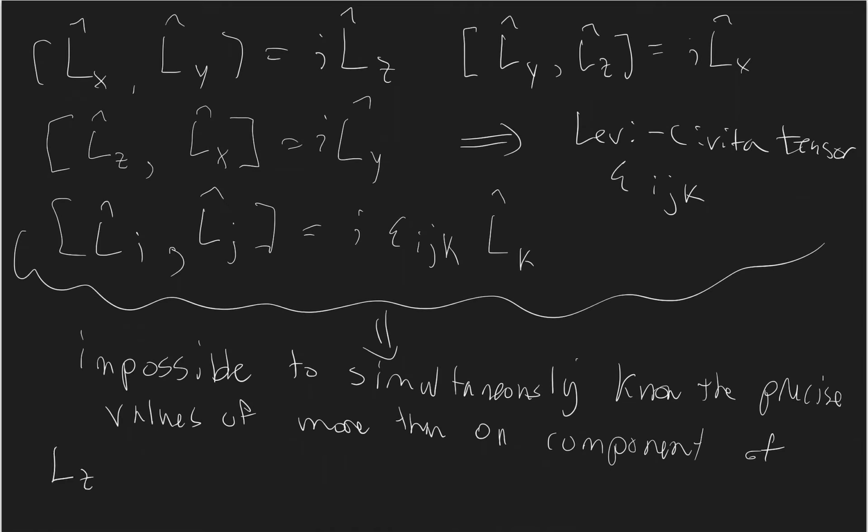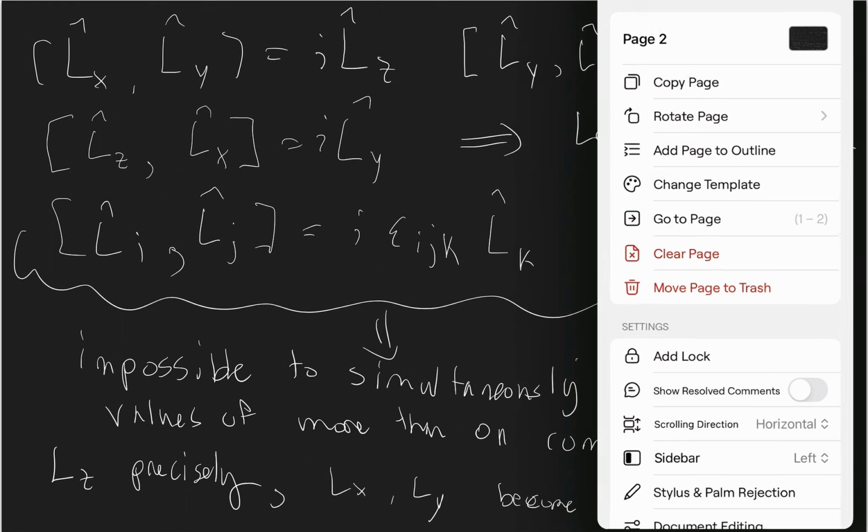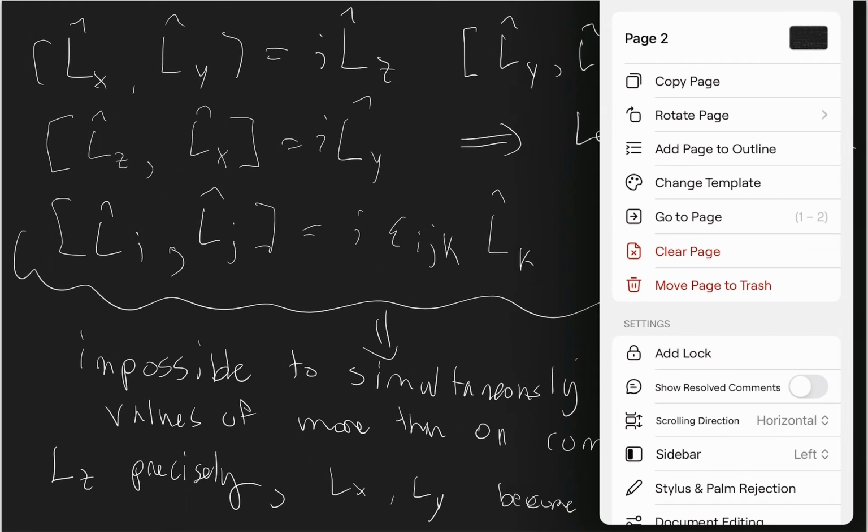If we measure L_z precisely, L_x and L_y become fundamentally uncertain. We can't know anything about the other components. This is very important.